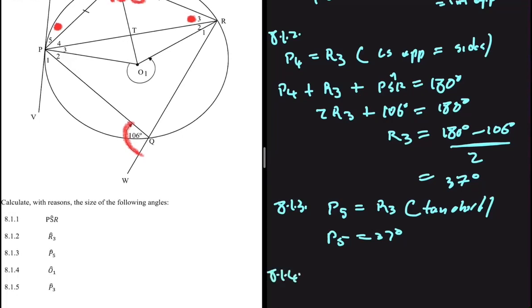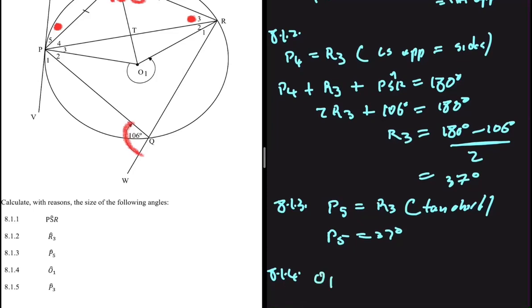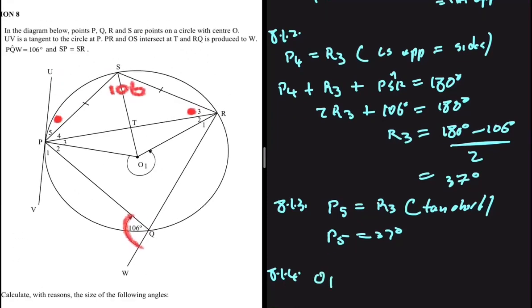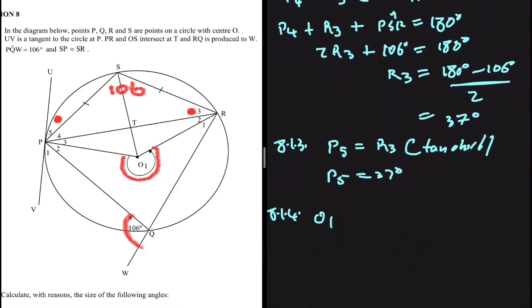8.1.4, we're looking for the size of O1. Like we have already deduced earlier in the video, O1 should be equal to 2 times angle PSR. The angle at the center is twice the angle at the circumference, if they come from the same arc.